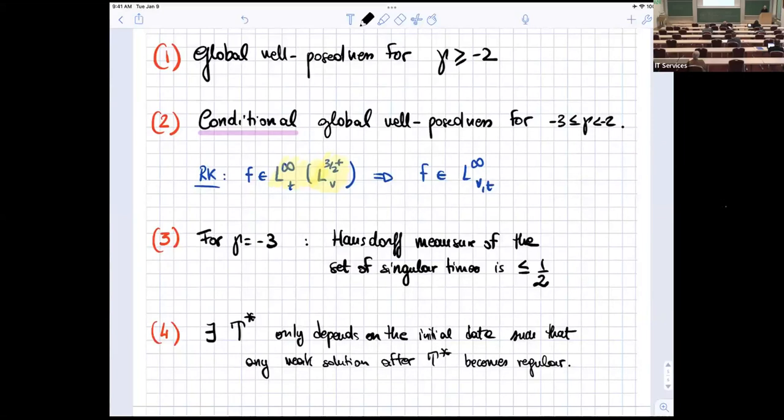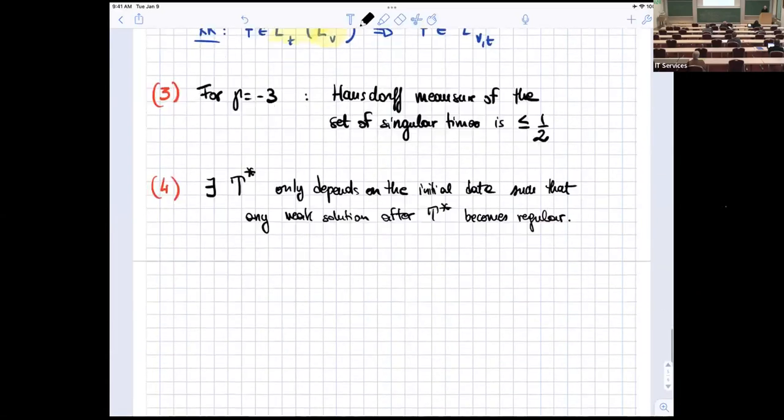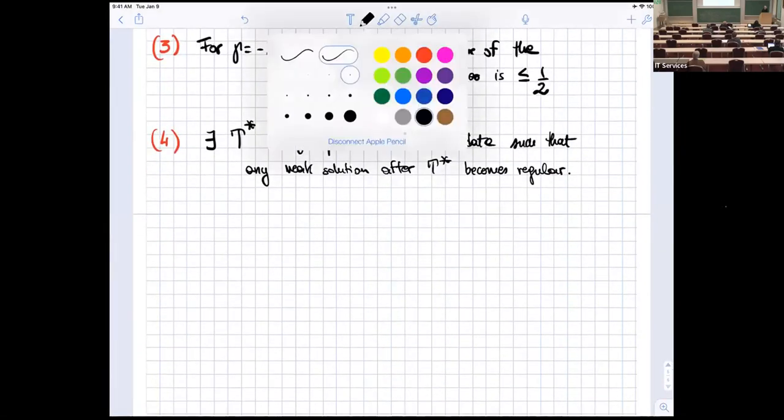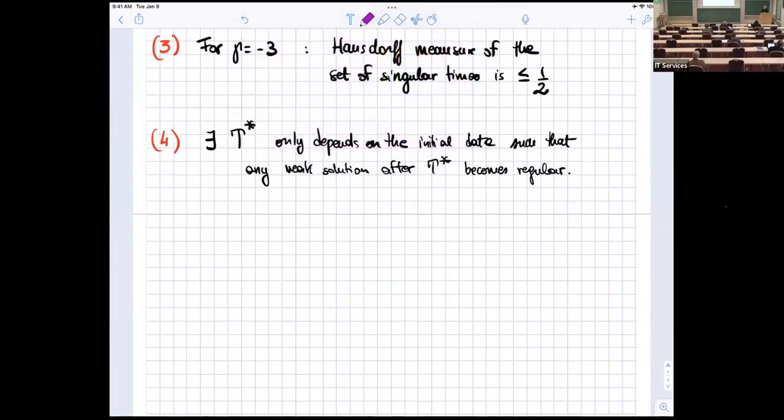So this result, let me give you some references. So the number 4, the last result, is by De Villette, and then he and Zhang, in a preprint that appeared in late 2020.